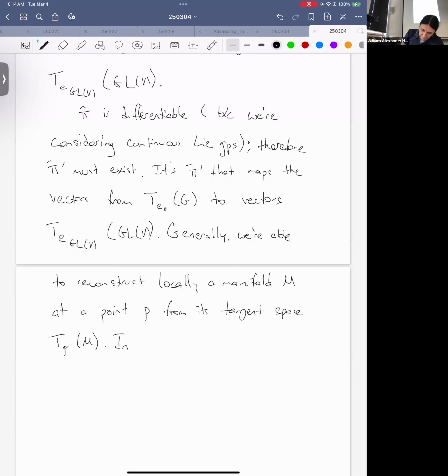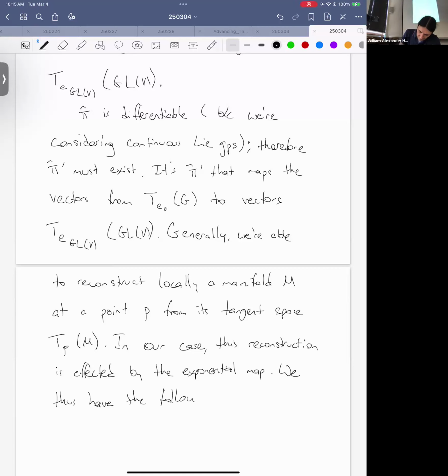So in our case, this reconstruction is effected by the exponential map. We thus have the following commutative diagram.